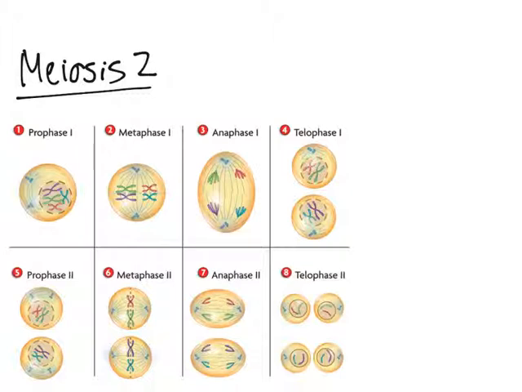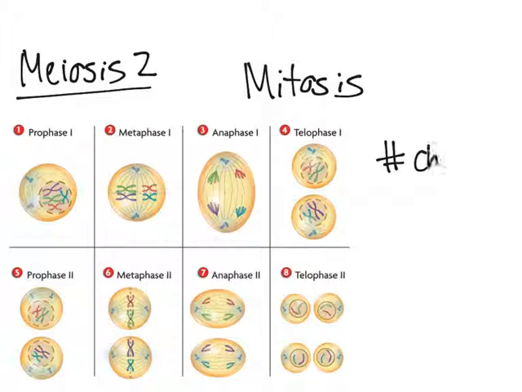But meiosis II, most people just consider it pretty much the same as mitosis. But the key thing is you could distinguish meiosis II from mitosis by looking at the number of chromosomes. Because remember, meiosis II is 1N and mitosis is 2N.